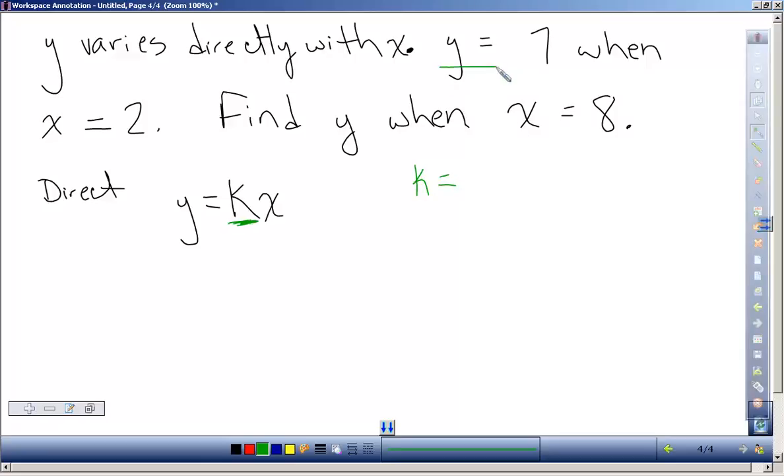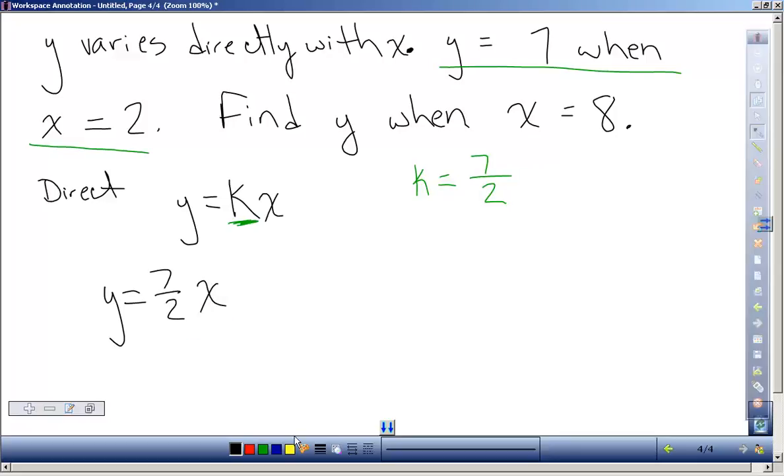So if we know that k is equal to y divided by x, that's where the second sentence comes in, because they give us an x and a y. Y is equal to 7 when x is equal to 2. So that means that k is equal to 7 divided by 2. So now I know that for this direct relationship, y is equal to 7/2 x. How is that useful? Well, now we can answer the question.